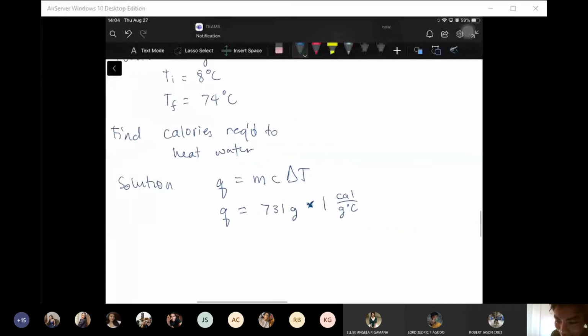So, 1 calorie per gram degrees Celsius times delta T. So, final, 74 minus 8 degrees Celsius. Then, we can cancel the units. Grams, Celsius. What's the remaining unit? Grams, no?